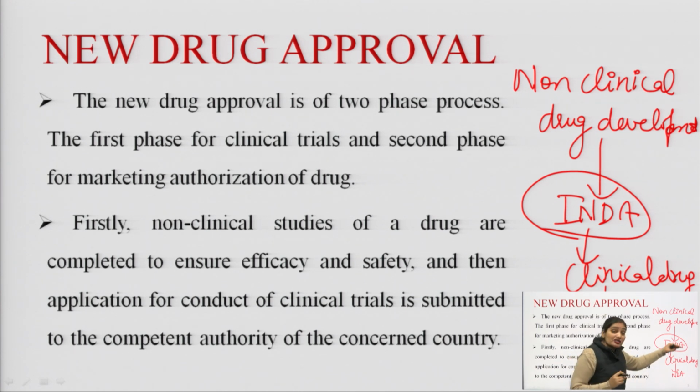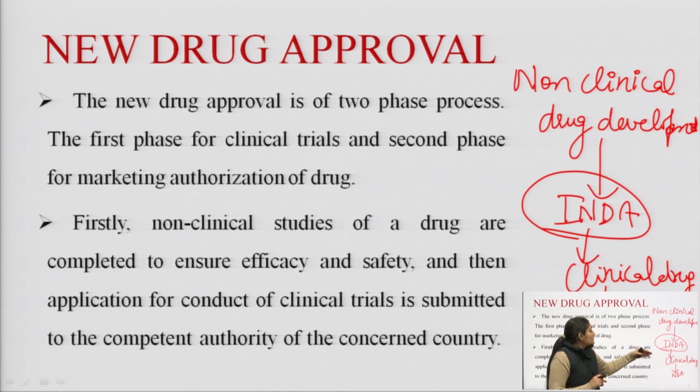These investigational new drug applications are of two types basically, commercial and non-commercial. Commercial INDA is for getting the permission for marketing of the drug product, but non-commercial INDA is related to research. Okay. So, non-commercial IND is of three types, that is emergency use IND, treatment use IND.